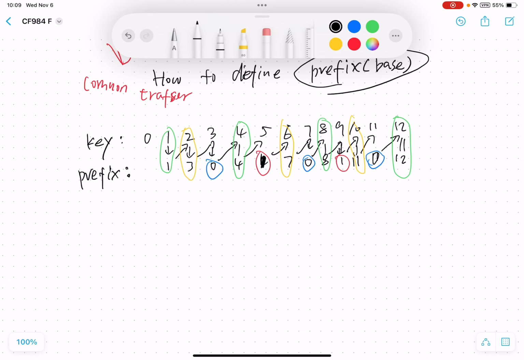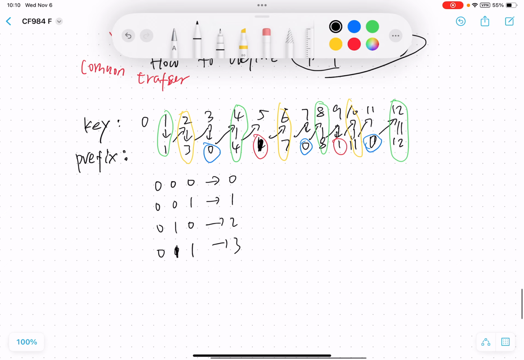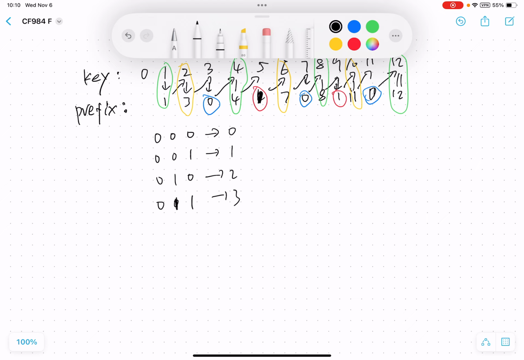For the last part, look at the 3 binary bits: 0 0 0, 0 0 1, 0 1 0, 0 1 1, which are 0, 1, 2, 3. Actually, we can simply calculate the XOR of the first 4 elements. We can always calculate that it is 0.